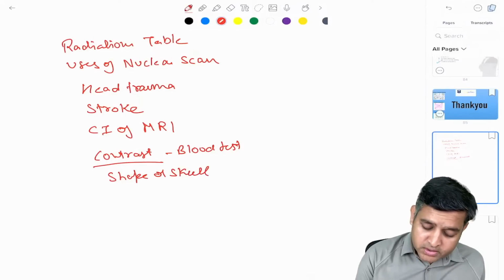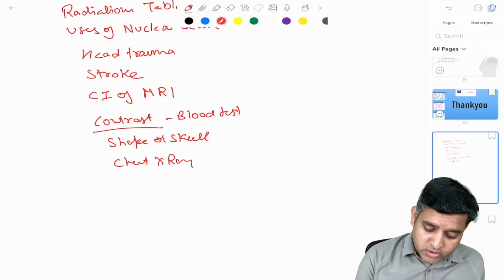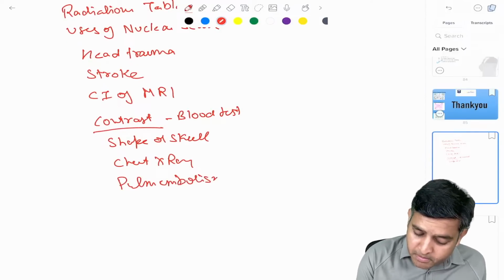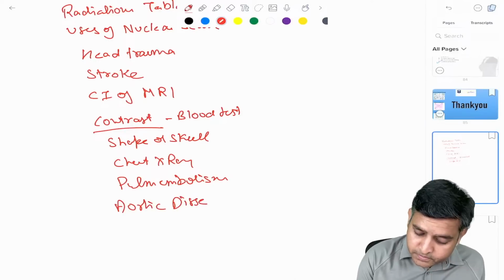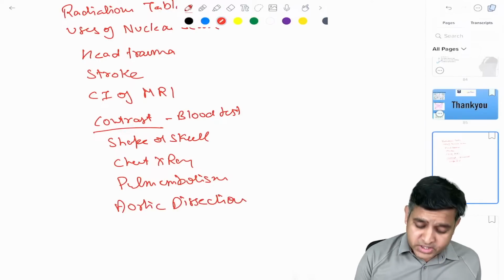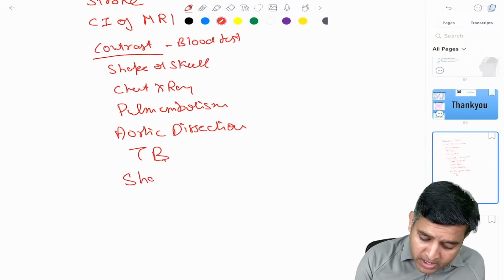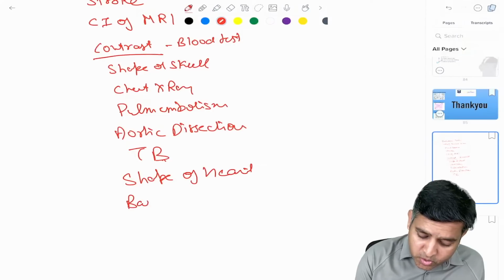Please make sure that you are reading a normal chest X-ray. Please make sure that you are reading about pulmonary embolism. Please make sure that you are reading about aortic dissection, images of TB, shape of heart. Then please make sure that you are reading about barium studies.